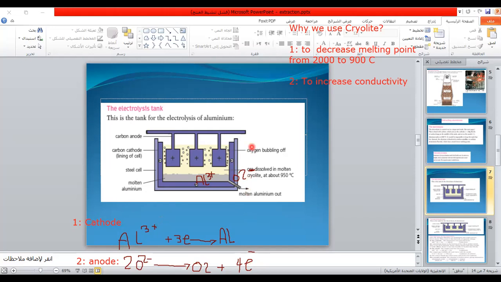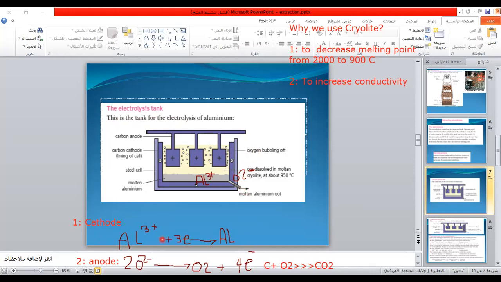So here, as you can see, there are bubbles of oxygen gas. And I said at the beginning, the anode is a carbon anode, and there is oxygen beside the anode. So carbon reacts with oxygen to form carbon dioxide. So there are 3 chemical equations in the extraction of aluminium.